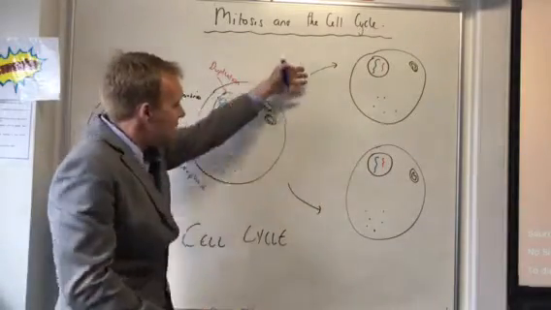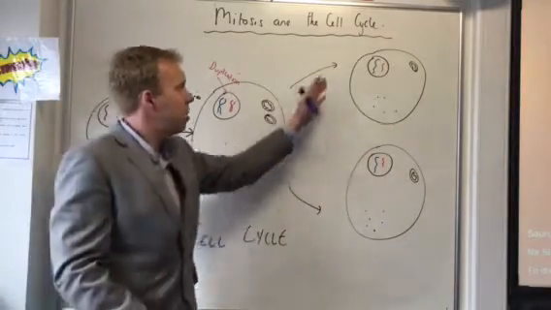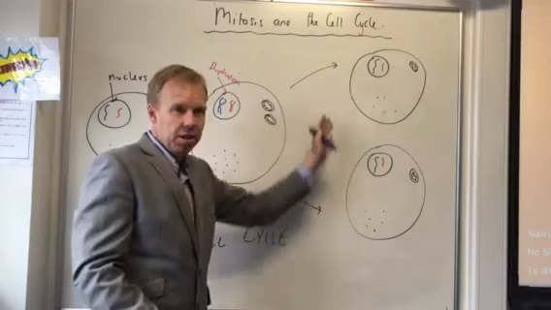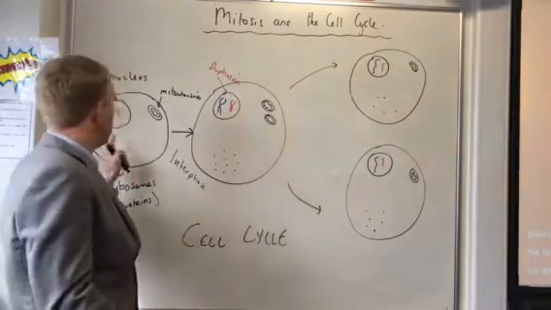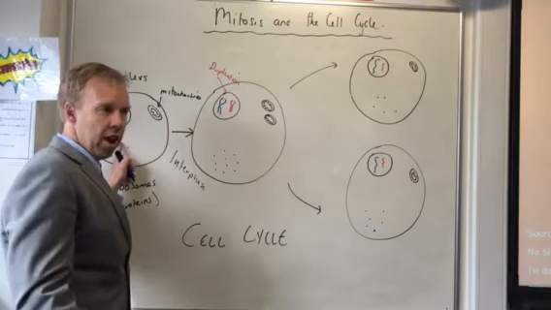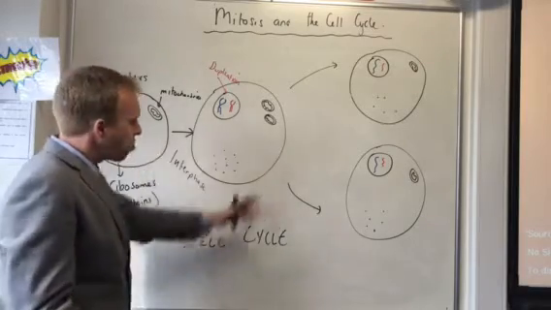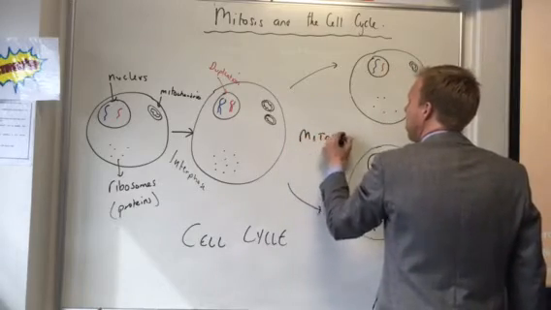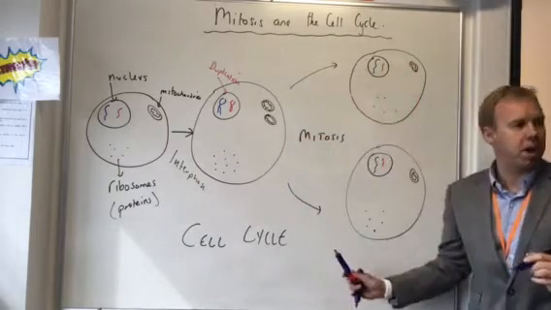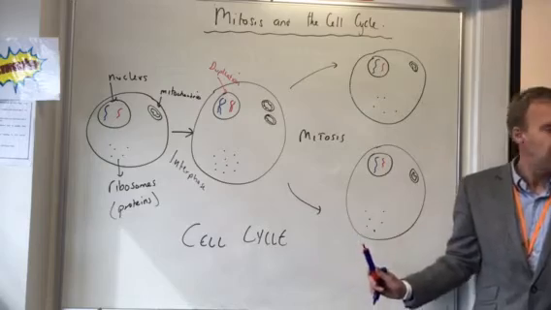And then there's the actual splitting to form 2 cells that are identical, genetically identical to the original. Okay? So, this section here is the actual division where the cell actually splits, and it's called mitosis.